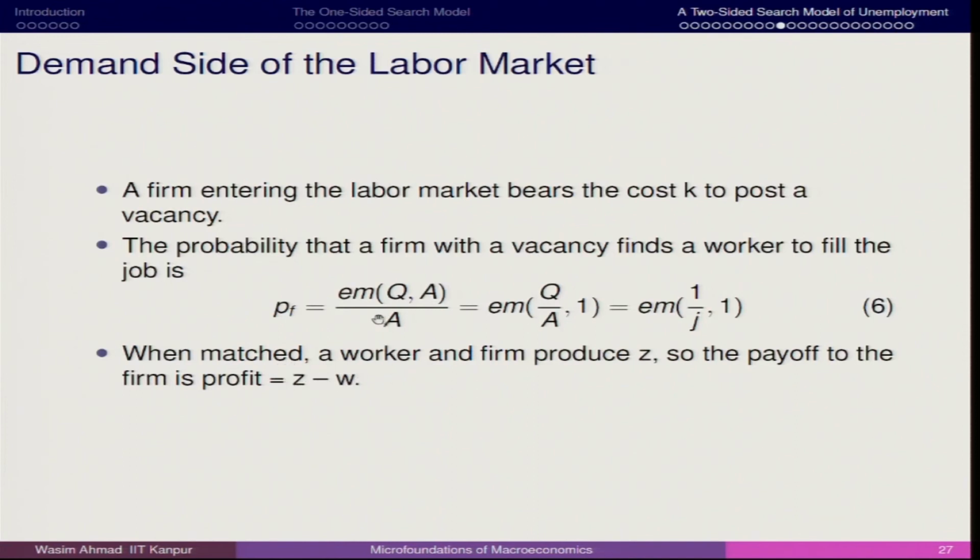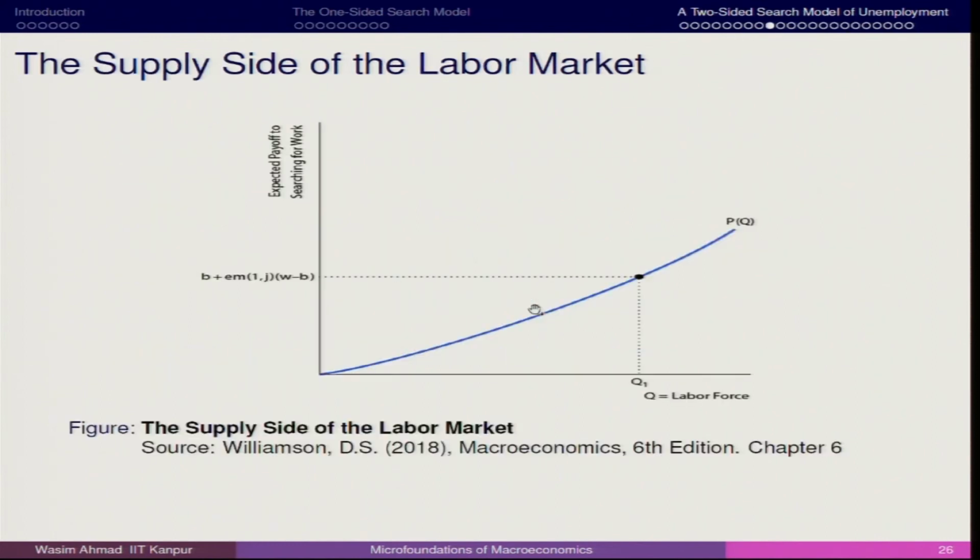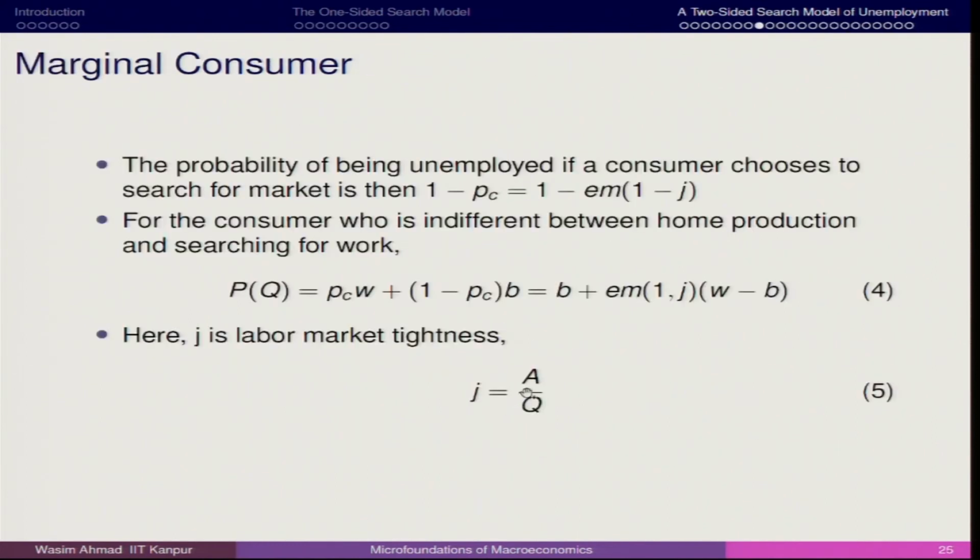So, from the demand side we see just the opposite of the supply side, that we are now dividing the matching function by A, and this is what we are seeing. It is the labor market tightness that I just mentioned here, it is just the opposite.